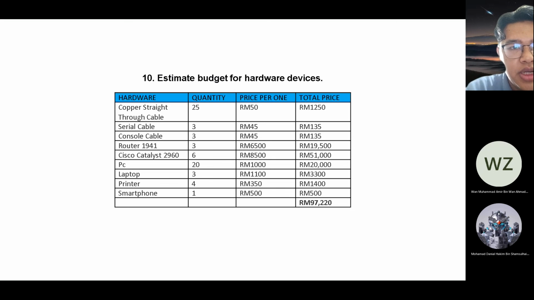Price per one is 350 ringgit, and the total price is 1,400 ringgit. And lastly, for smartphone, we have 1 smartphone, price per one is RM500, and the total price is RM500. And the total price of all the hardware is RM97,220.